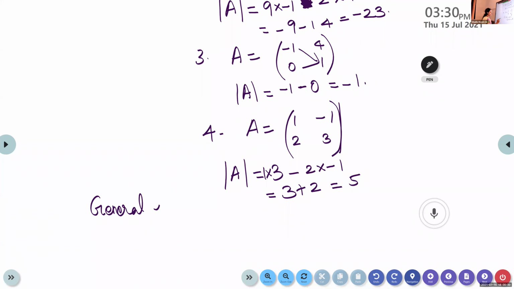What's the general form? Suppose A is equal to matrix.